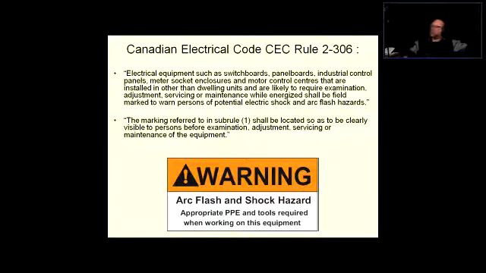So basically, devices like electrical panels in the commercial environment should be marked, and there should be warning signs. The marking referred to in subrule 1 shall be located so as to be clearly visible to persons before examination, adjustment, servicing, or maintenance.